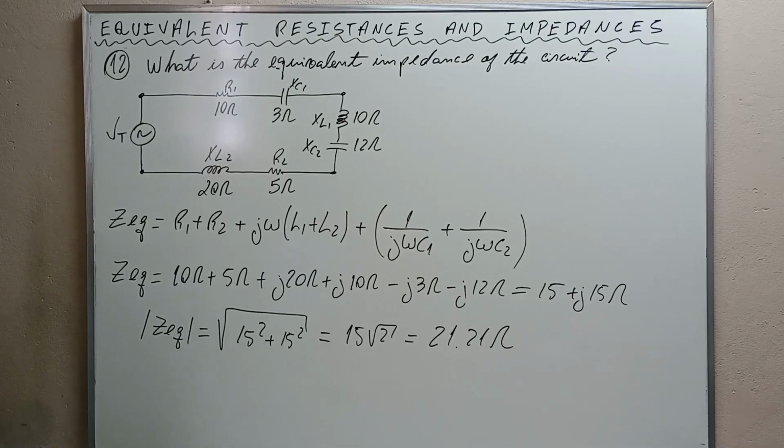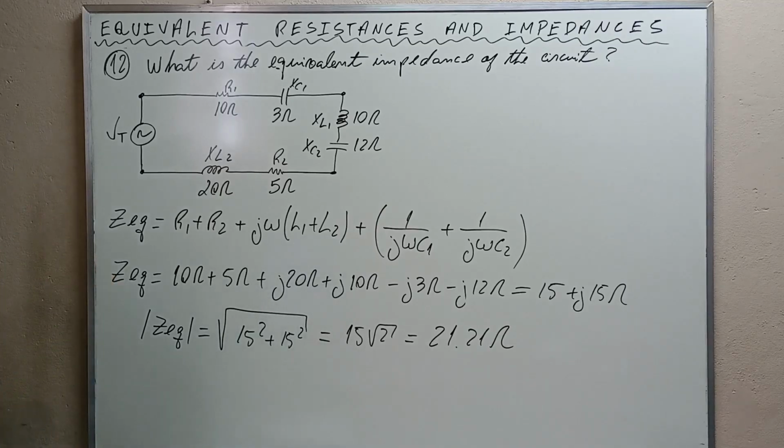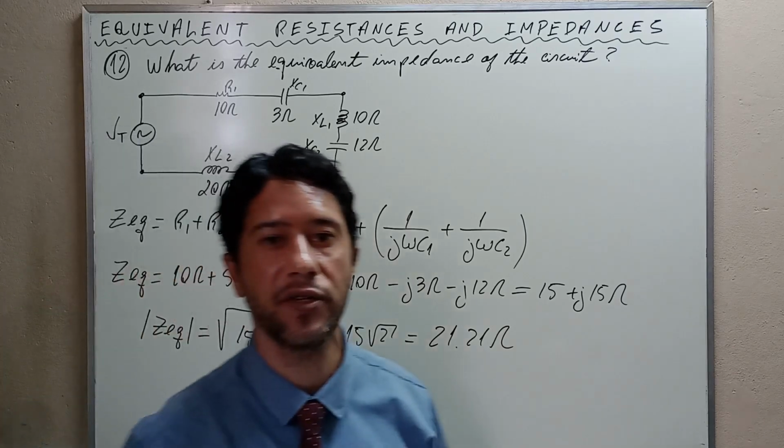And this is the magnitude of the equivalent impedance, and this is the solution of the exercise. And this is all for the debate of exercise 12. Let's go to the next.